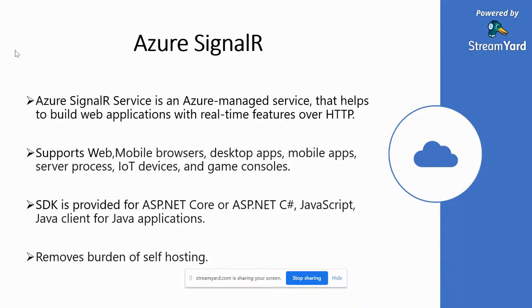It supports .NET, .NET Core, JavaScript, and Java client libraries. So we don't need to worry about what to do if I'm coming from a Java-based application, or if I want to achieve real-time communication for Java applications.